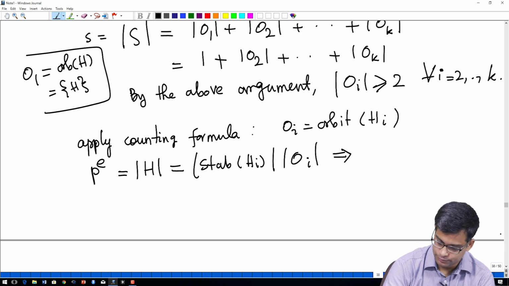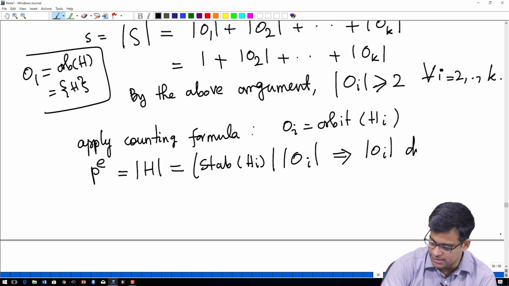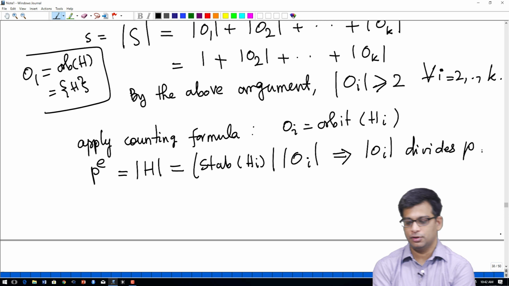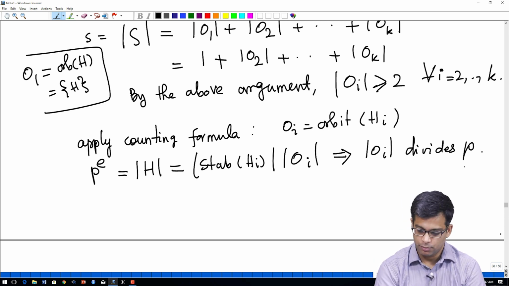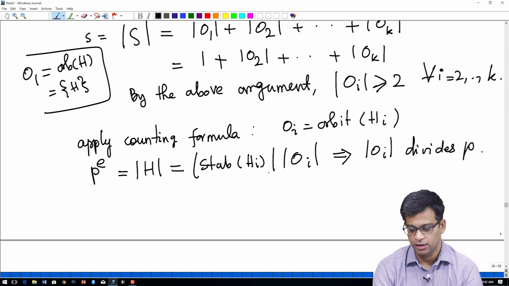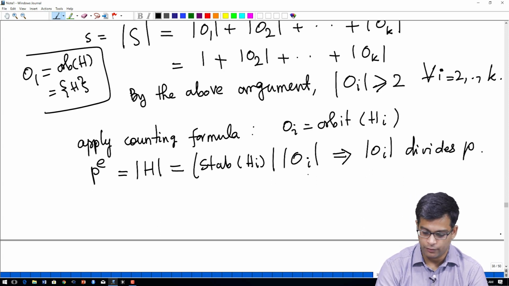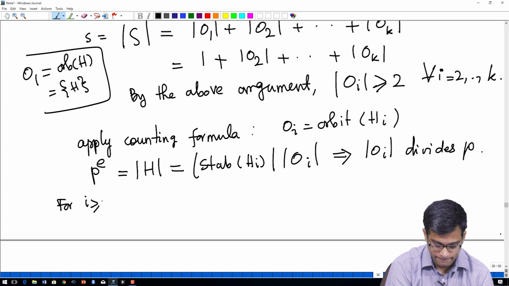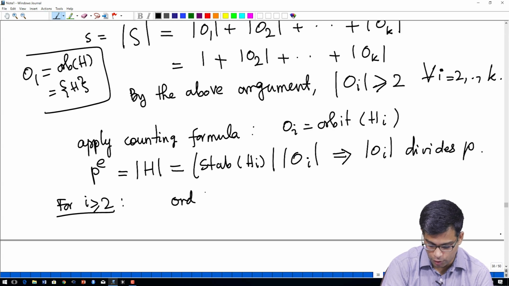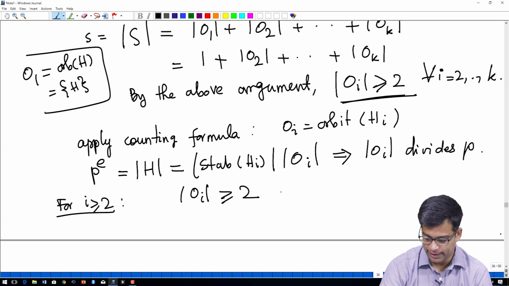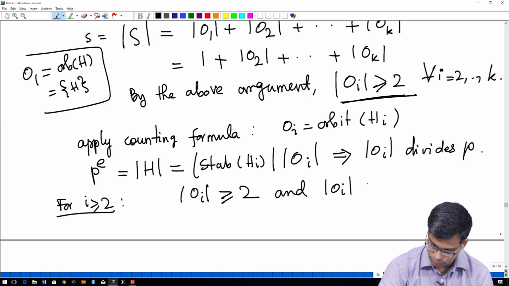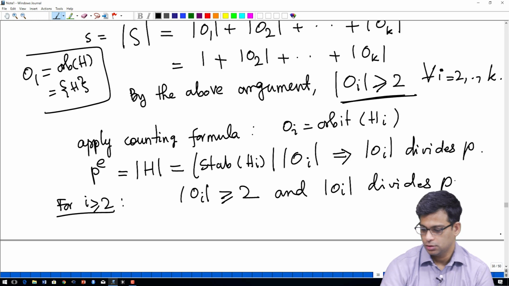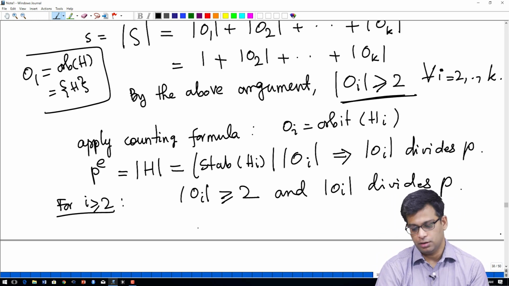This means the order of O_i divides p^e. For i at least 2, we have two facts: the order of O_i is at least 2 by this argument, and it also divides p^e. So it can't be 1. So they are all at least 2, and in fact each is a multiple of p.